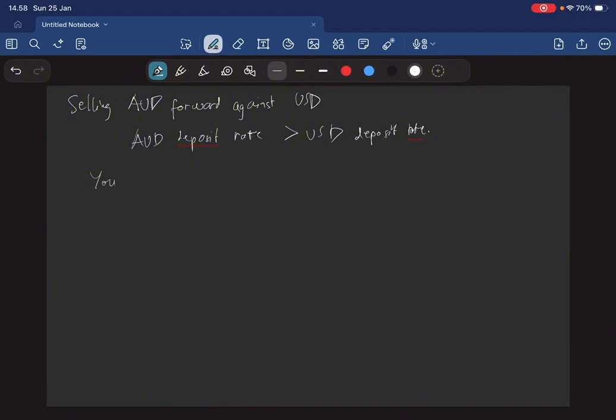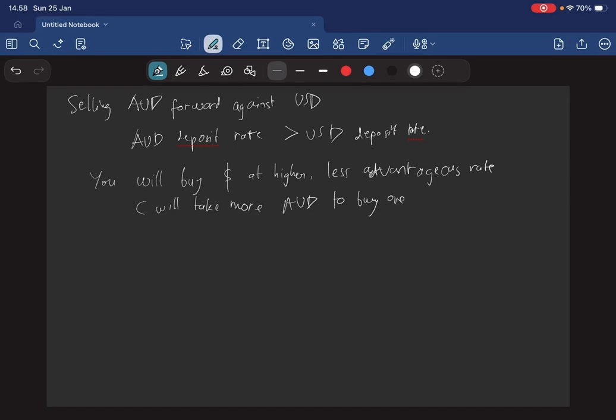So we'll buy dollars at a higher, less advantageous rate, so you subtract the points.